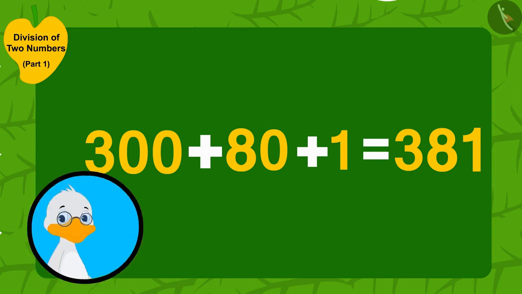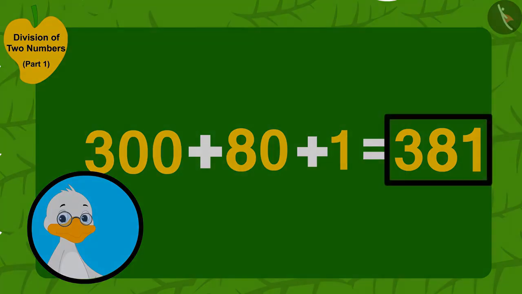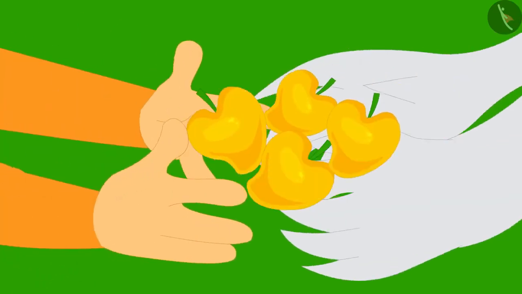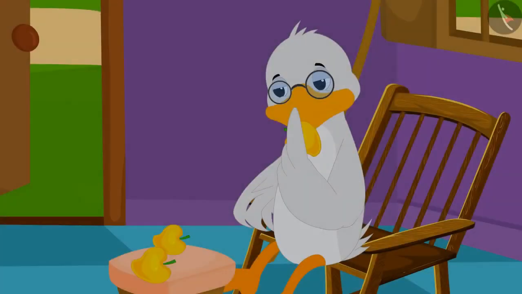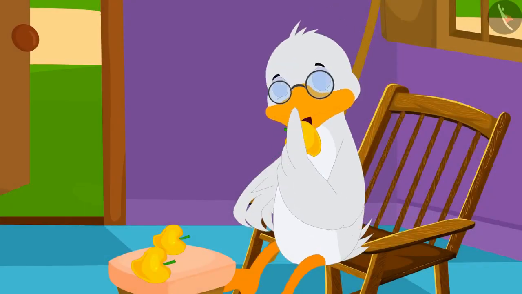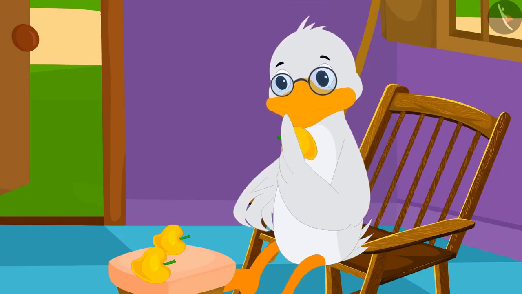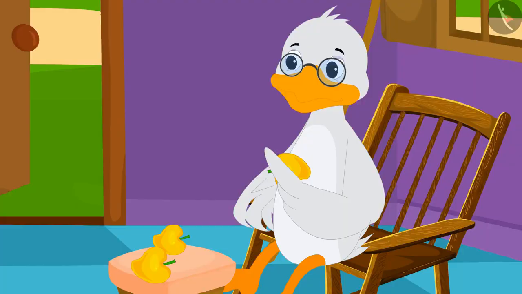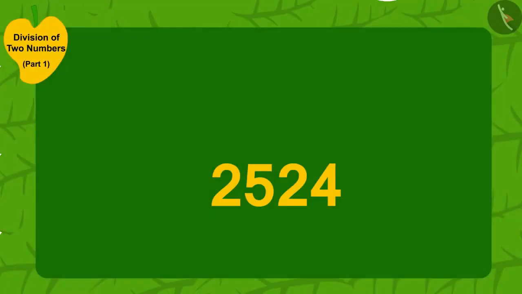Barbole uncle distributed 4 mangoes each to a total of 381 villagers. Uncle distributed the mangoes to the villagers and has now happily returned home and is eating the 3 mangoes that were left for him.